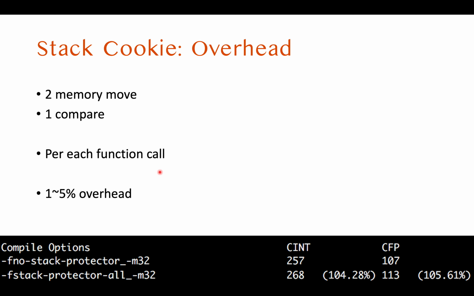If you do not have many stack buffer objects in the functions, the overhead will be negligible, around 0.3% or so. But if all of your functions have a stack buffer, for example, the compilation option fstack-protector-all applies this defense to all functions, then we could have around 5% overhead at worst.